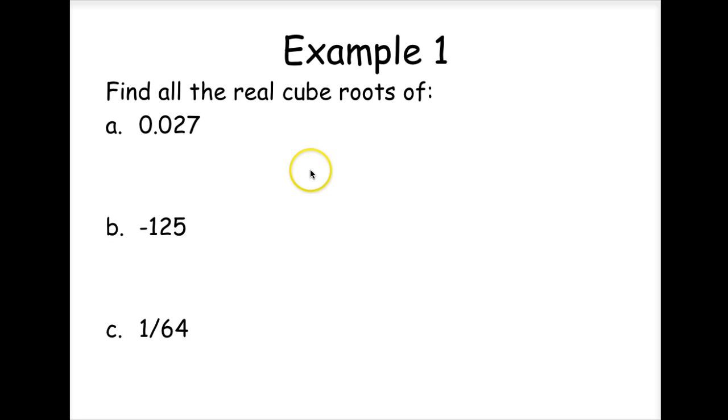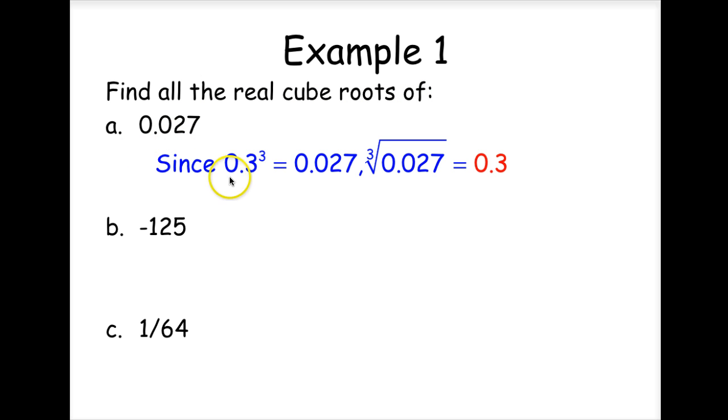Okay, example 1. We're to find all the real cube roots of this number. So since 3/10 to the third power is equal to 27 thousandths, the cube root of 27 thousandths is 3/10.